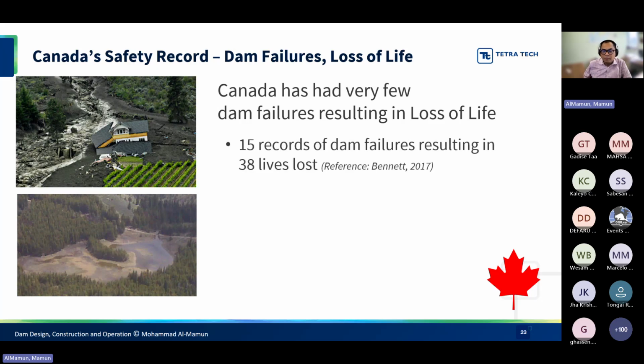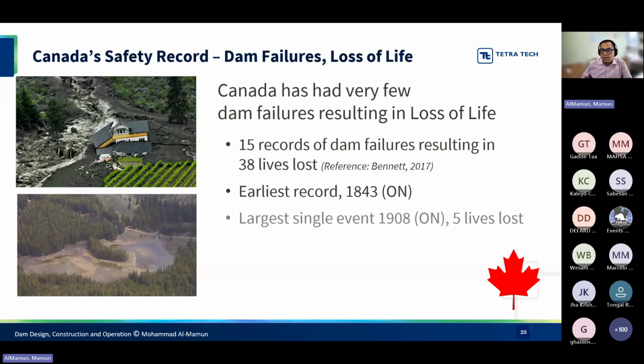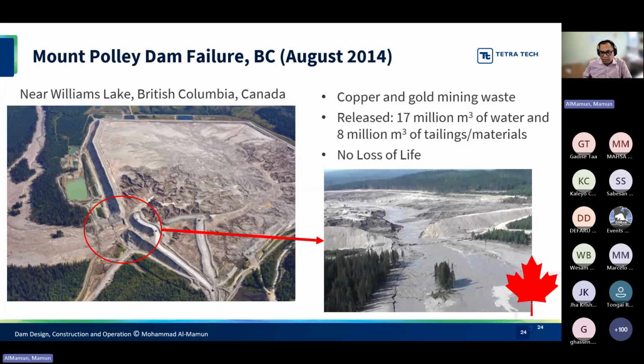Of course environmental and social aspects are also very relevant, but loss of life sometimes makes headlines and is more important. We have 15 records of dam failure resulting in 38 lives lost. The earliest record is 1843, and the largest single event is 5 lives lost in Ontario and Quebec.